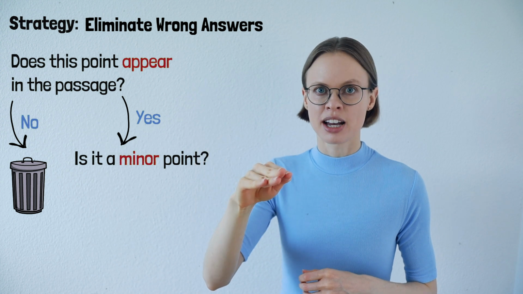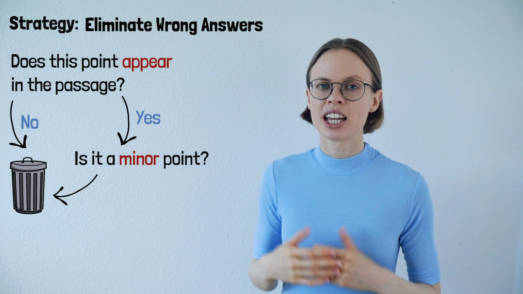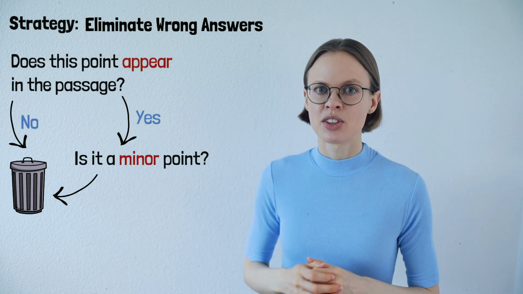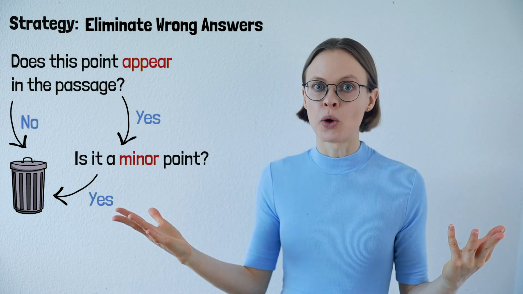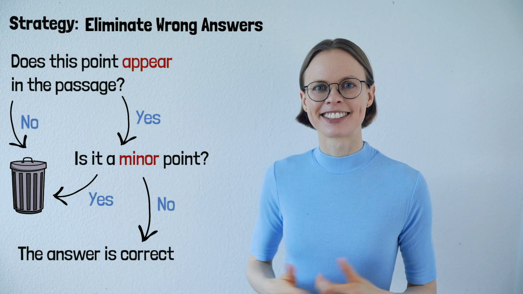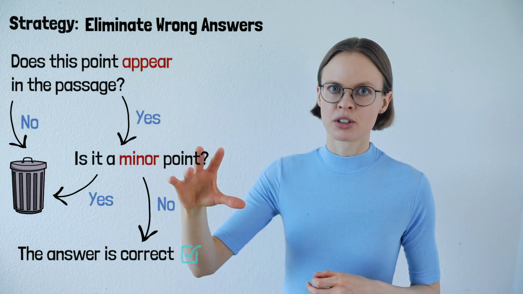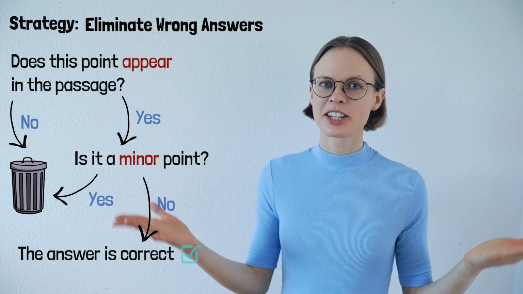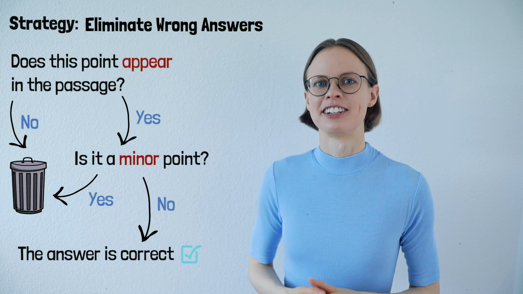It's mentioned in the passage, but it's not a major idea. So if it's only a minor point, the answer is out. You can eliminate it. If it's a major point, you select the answer because then the answer is correct. And then you go on with the second answer choice and with the third and so on. And this way you will be able to figure out the correct answers.